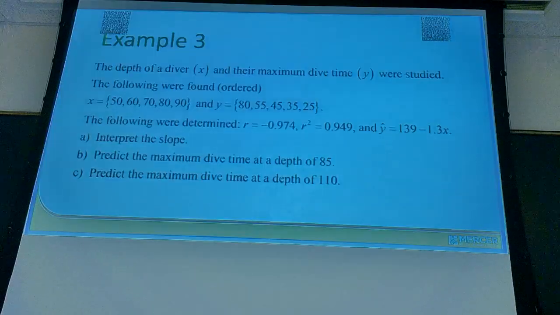Think back to Thursday. When should we be making predictions? Using the least squares in mind.